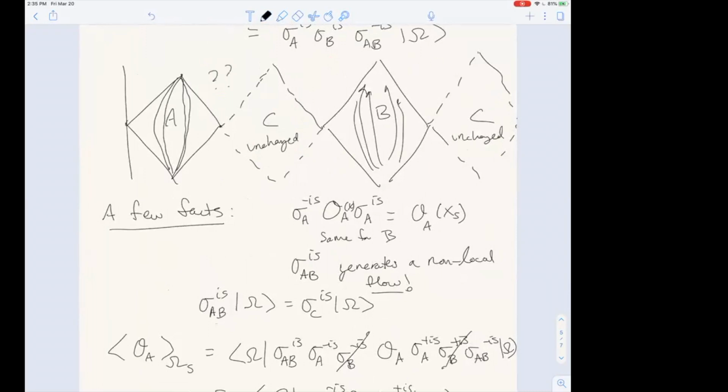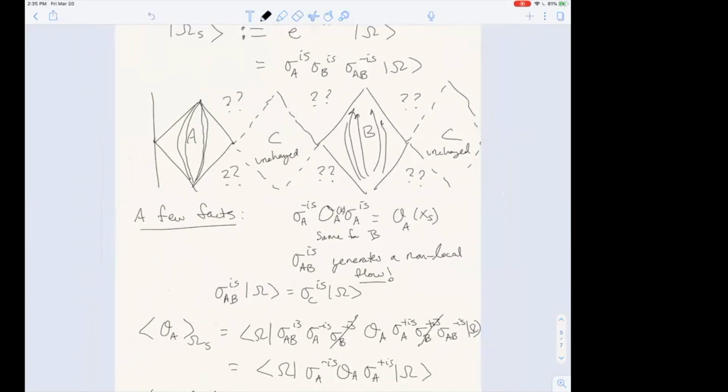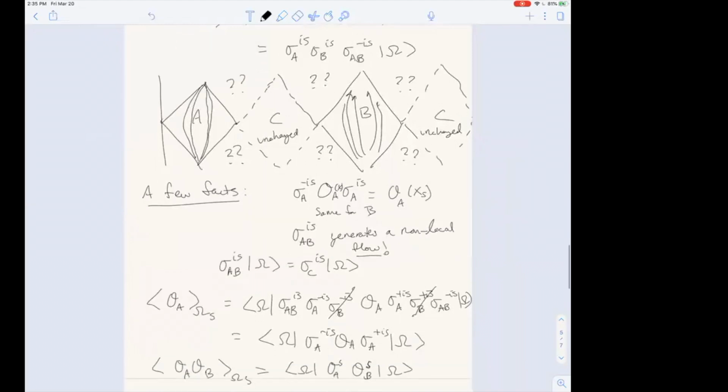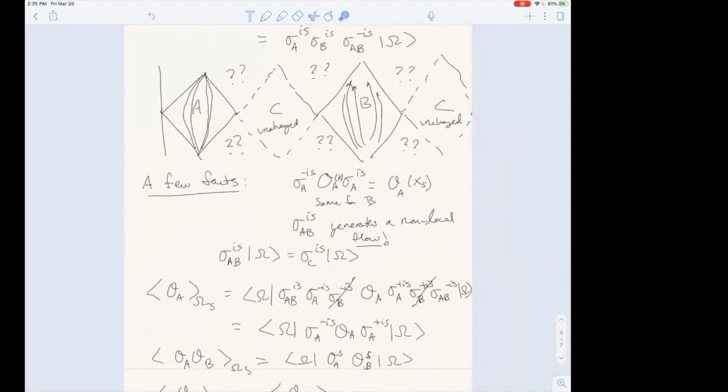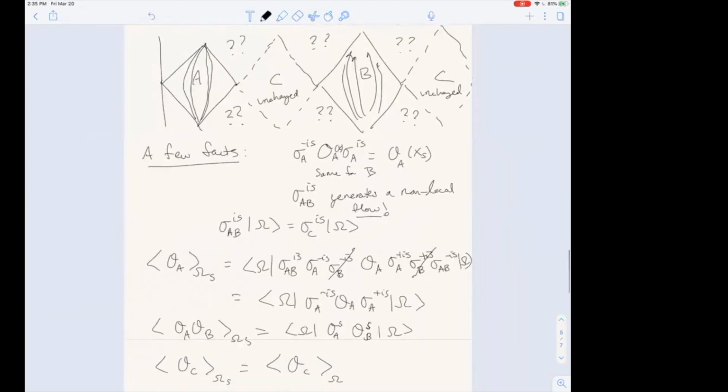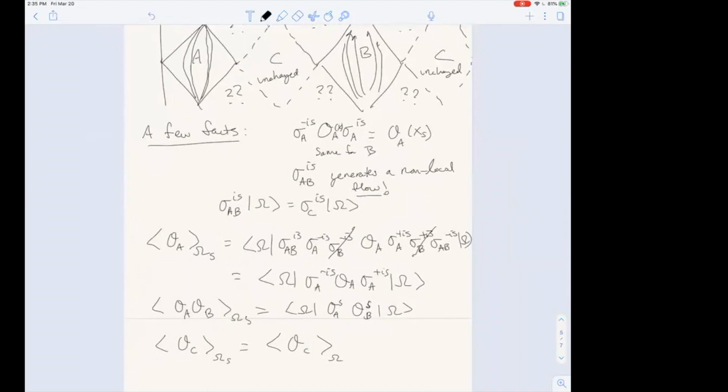So we don't know what happens up here, and it's highly theory dependent, in part because, as we'll see, this state has shocks propagating along all of the boundaries of the domains of dependence. You could tackle these regions if you had control over this. Those two problems are linked.